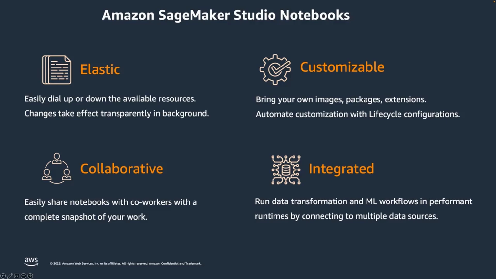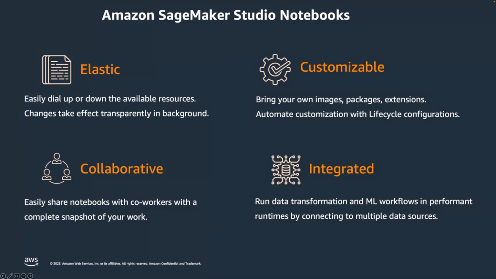Studio is also customizable. It comes bundled with a set of default images for running on your instances, but you can build your own image and bring it into Studio to customize your notebook experience. You can also install your own packages and extensions for additional customization.